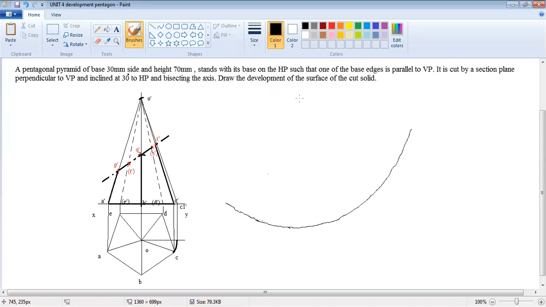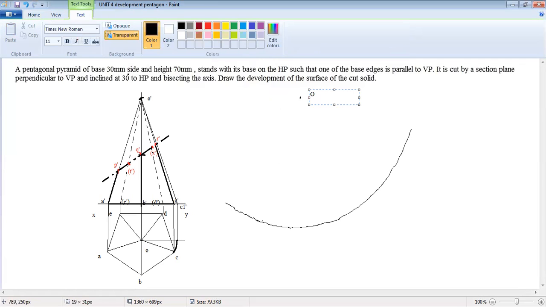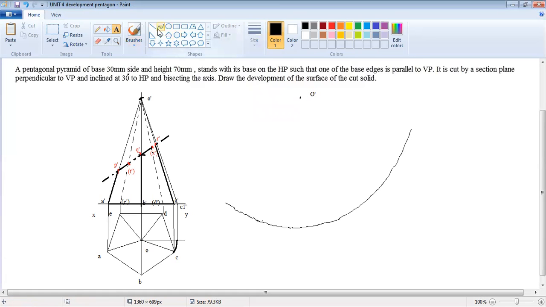So this one is the O dash point, and from that O dash we have to draw a straight line like this. And we are having five edges in this pentagon. So we have to divide this arc into five points. Take a measurement of 30 side and cut an arc from continuous arc like this.